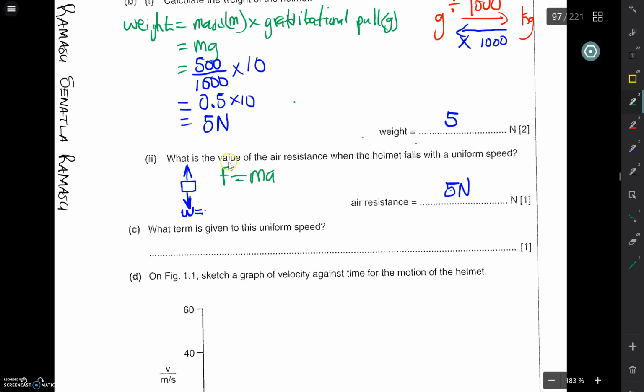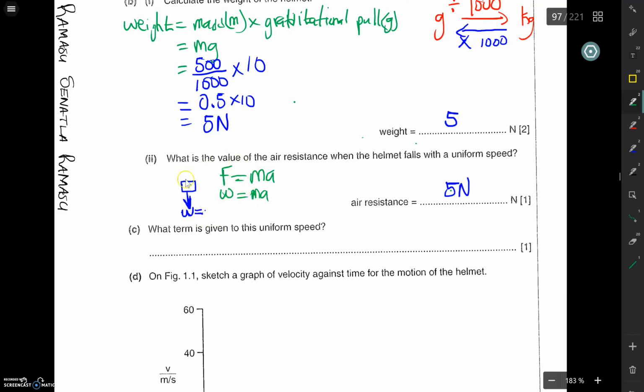Now at first we have no air resistance, right? So then the only force acting on the helmet is just its weight, right? So then our F here is equal to W equals mg, right? Our F becomes just W.